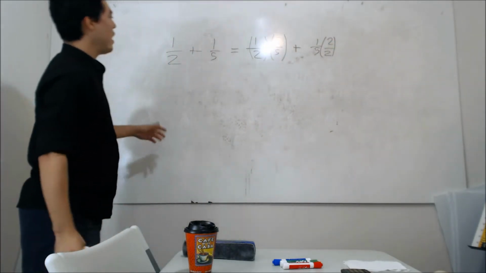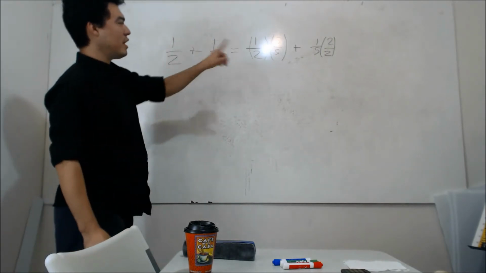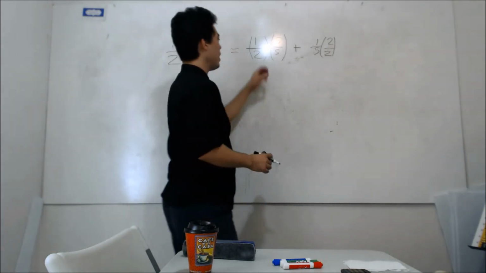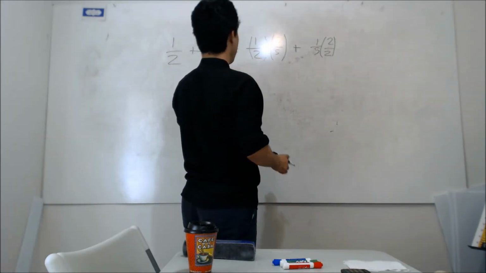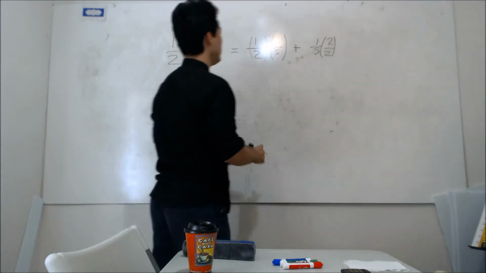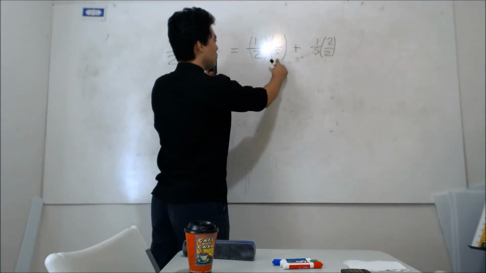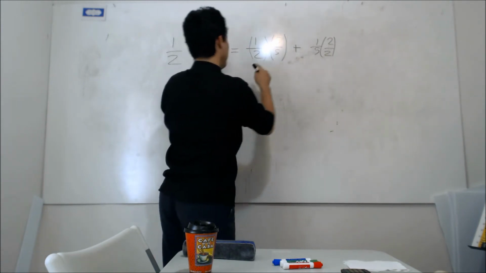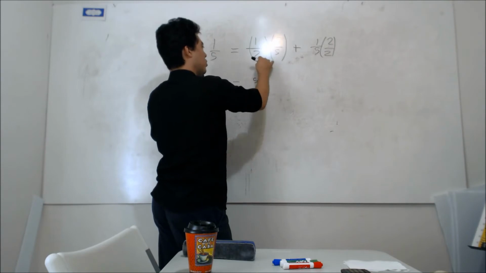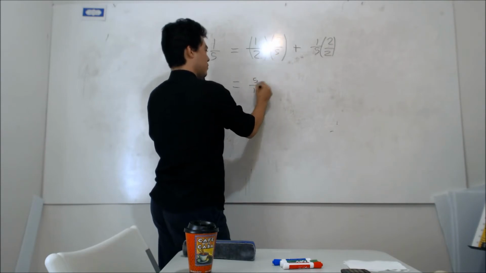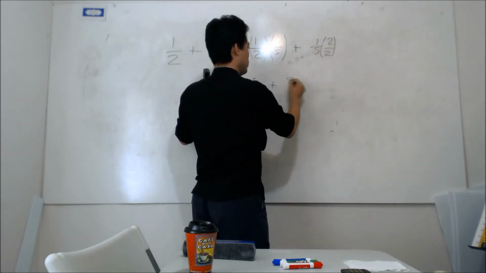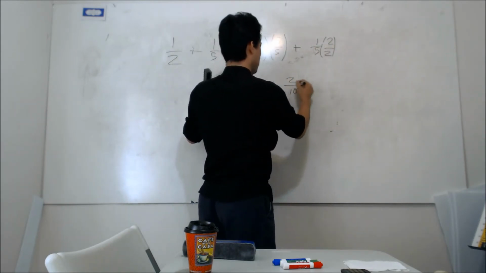Because I just used this number to make the second fraction, and I used this number to make the first fraction. Because I know that when I multiply these two numbers at the bottom, they're going to give me 10 as the common denominator. And because I'm multiplying by 1 in both cases, this fraction that I'm about to write, 1 times 5 is 5, 2 times 5 is 10, plus 1 times 2 is 2, 5 times 2 is 10.